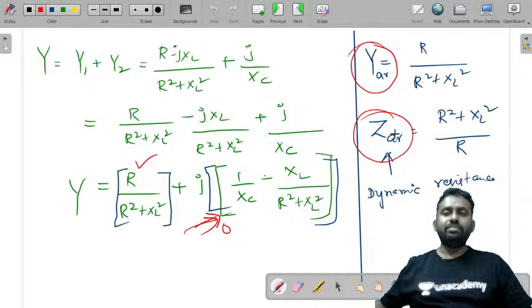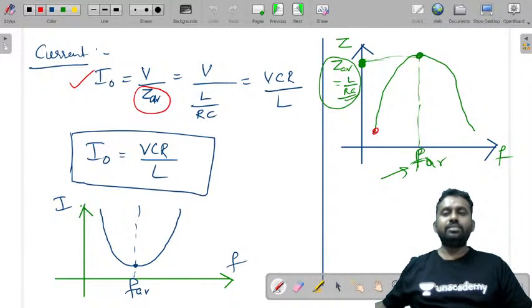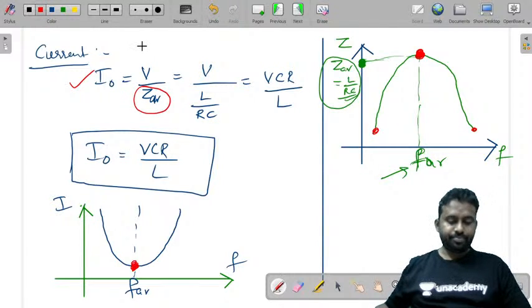If you write this impedance value, Z is equal to R square plus XL square by R, which is the maximum value at resonance. And before this, at omega equal to 0 and at omega equal to infinity, you will get very less impedance, that is the impedance is minimum, and at anti-resonance the impedance is maximum and the current is minimum, because impedance and current are inversely related.